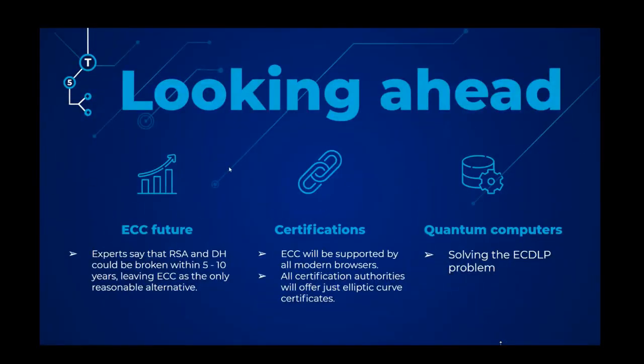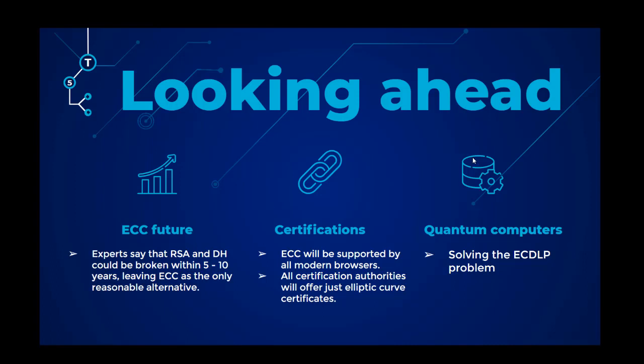So now we will present the future points concerning elliptic curve cryptography. In this part, we'll talk about the future of elliptic curve cryptography. Experts say that RSA and ECDH could be broken within 5 to 10 years, leaving ECC as the only reasonable alternative.